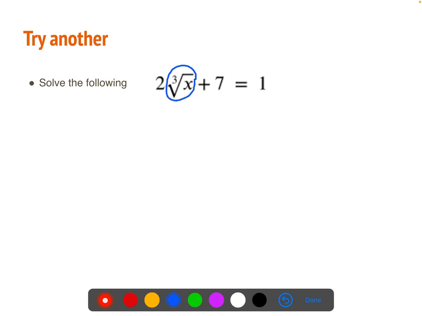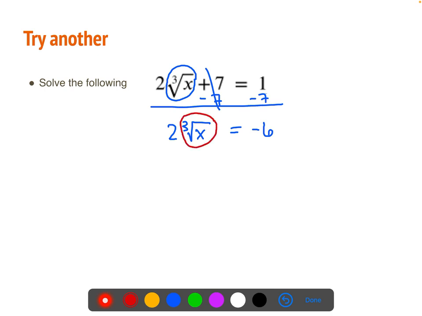All right, let's see if this one's done. Here's the cube root. He's got a 2 in front of him and a 7 behind him. I got to isolate, so I'm going to move the 7 over first. So I've got 2 times the cube root of x. 1 minus 7 is negative 6.